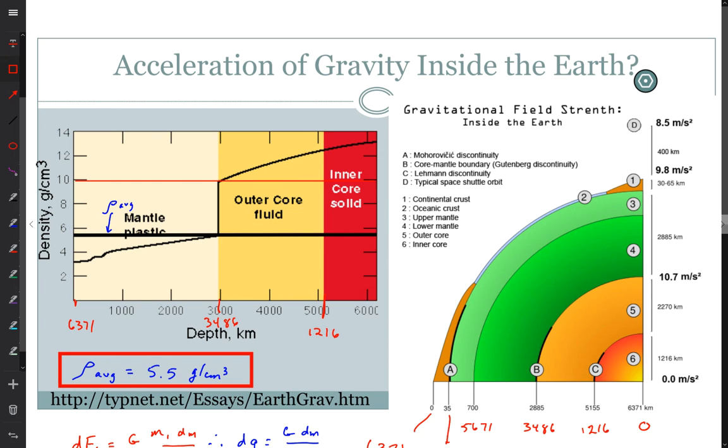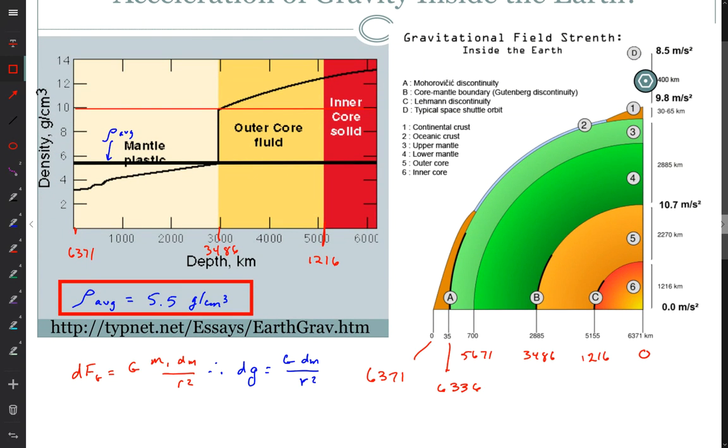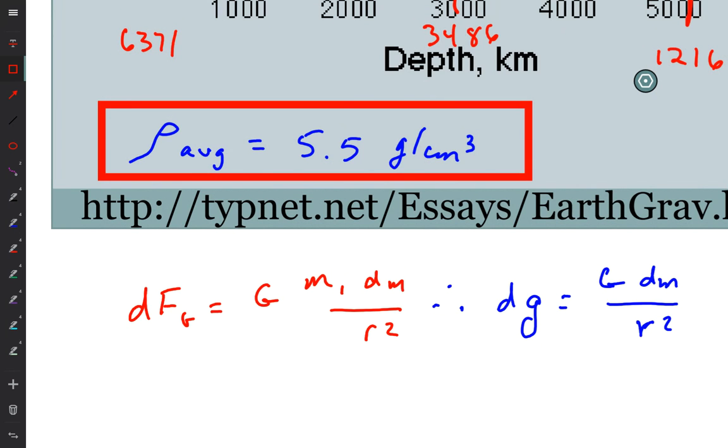What would happen to the acceleration of gravity as you went down through the Earth if that was true? Well, the way you calculate that is we know the force of gravity, what we learned in class, G m1 m2 over r squared. Well, if we're going to work with a continuous mass distribution, then we're actually going to have dF equal to G m1 times dm.